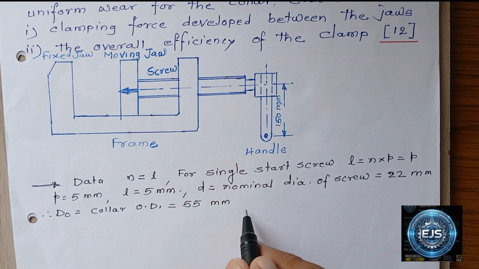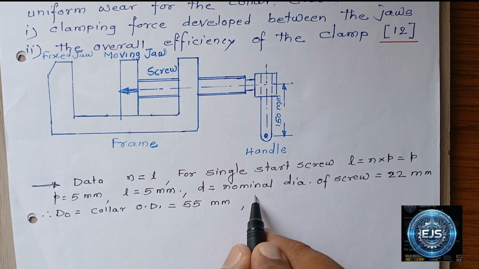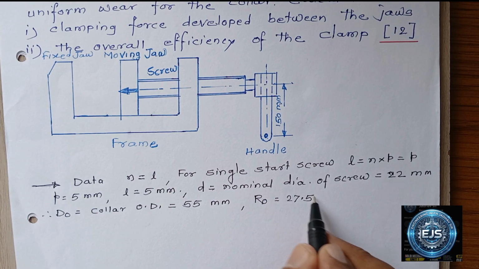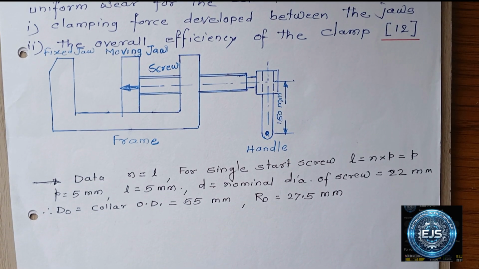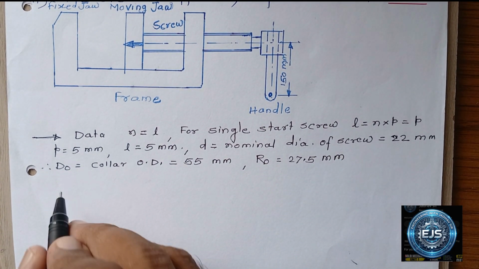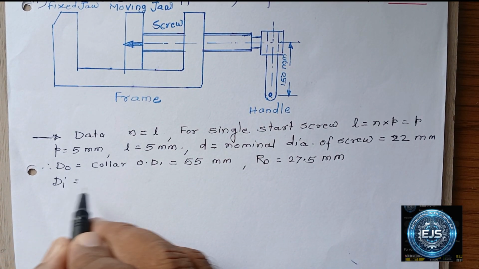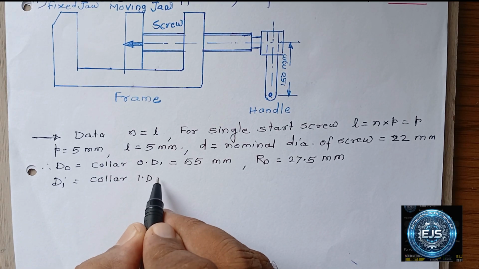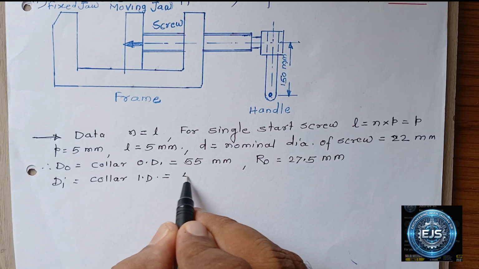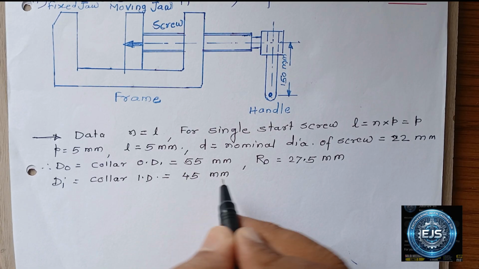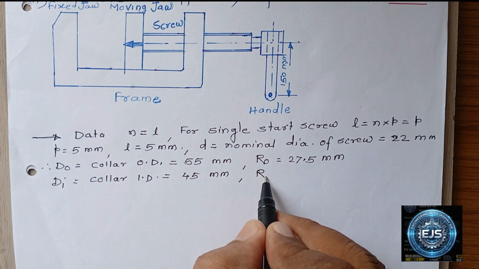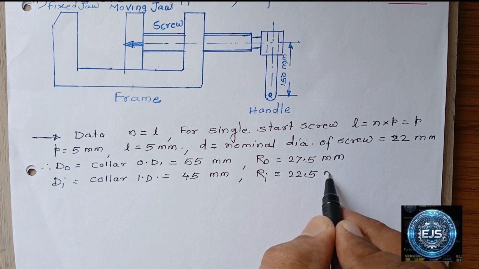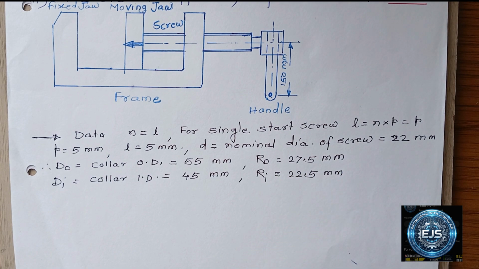The outer radius of the collar, denoted RO, is half of this, so it is 27.5 mm. Now DI is the collar inner diameter, equal to 45 mm. So the inner radius of the collar, RI, is 22.5 mm.